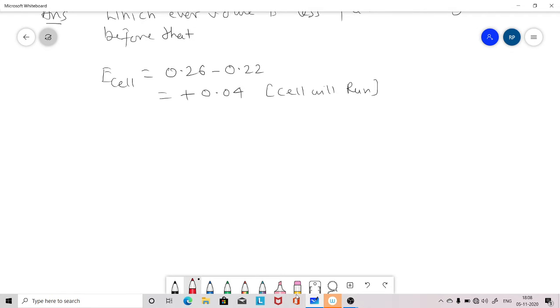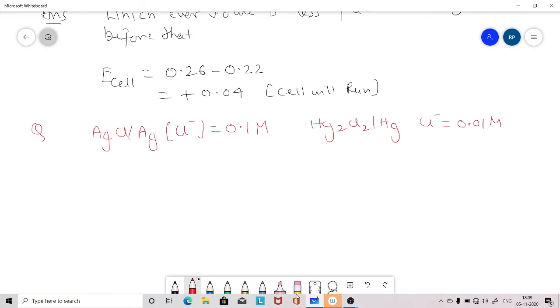Suppose they give you an AgCl Ag electrode having the chloride ion concentration 0.1 molar, and an Hg2Cl2 Hg electrode having the chloride ion concentration 0.01 molar, and both are coupled with each other.